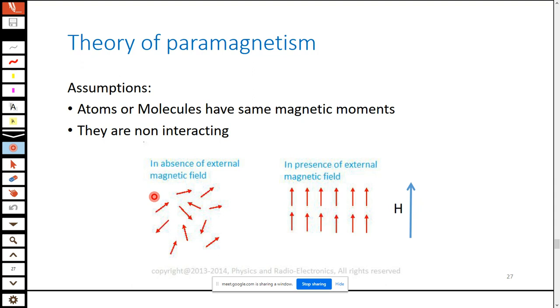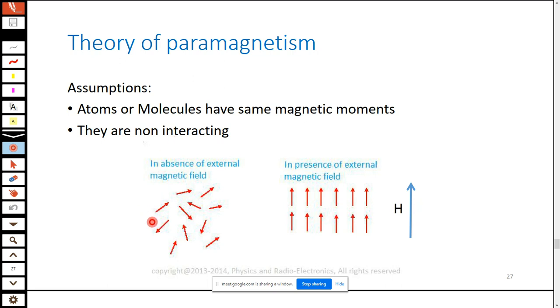So why do we need to understand them? One reason is that they are easy to model and understand theoretically, and this understanding will lead to a better understanding of ferromagnetic properties and the origin of ferromagnetism in materials. That's why any classic magnetism book or course always starts with diamagnetism and paramagnetism. Once you understand these simple things, you can build upon it and understand ferromagnets better. That's why we are going through this step by step.